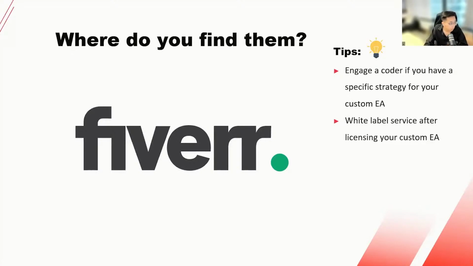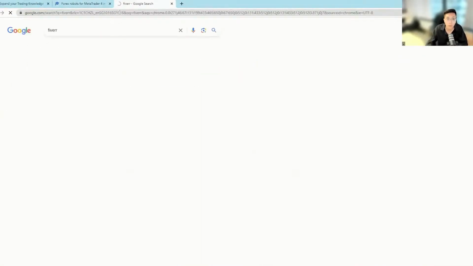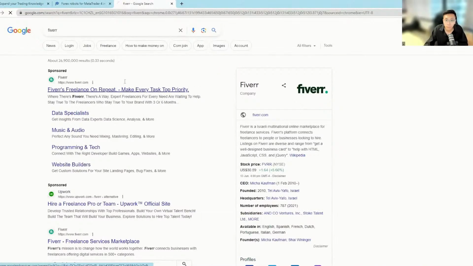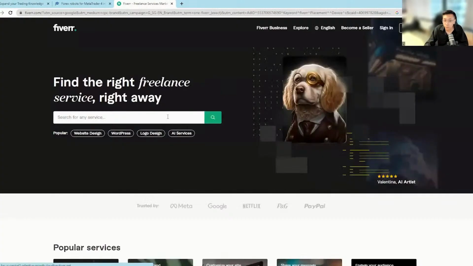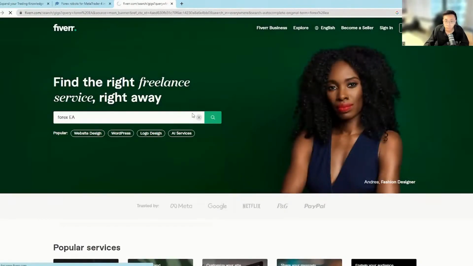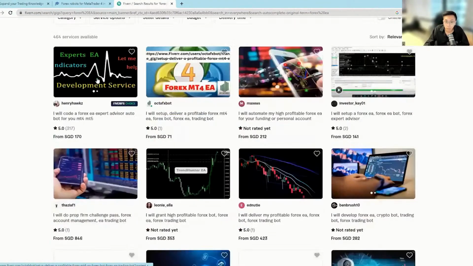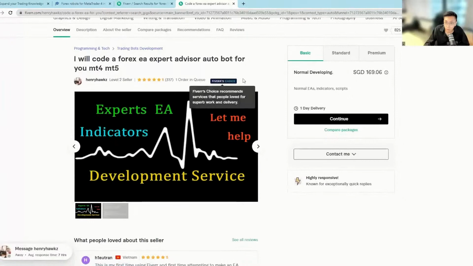So let me also show you an example of how it works. Let's look at one of the sellers here, and we should also always look for this icon, which is Fiverr's Choice.